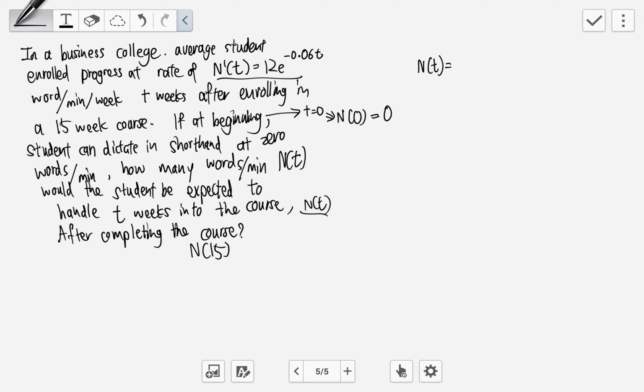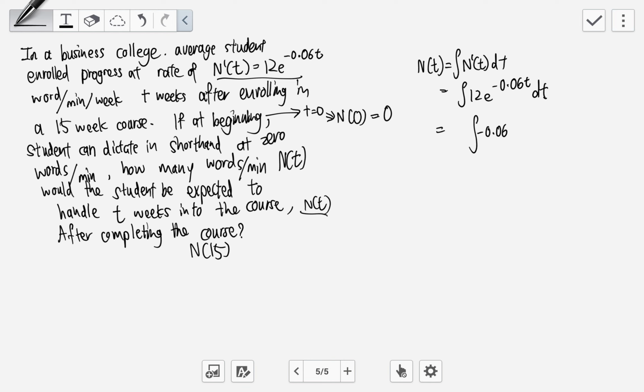Similarly, I find my N(t) by integrating M prime t dt, and that means I integrate 12e^(-0.06t) dt. Okay, and that means I will need minus 0.06 over here, and that means my what? 12.